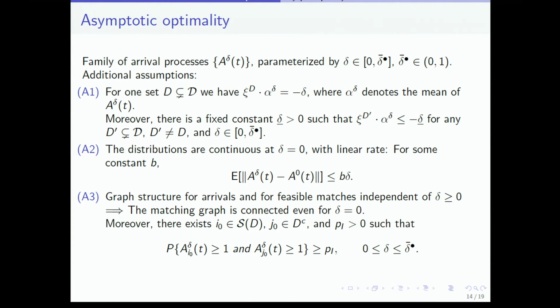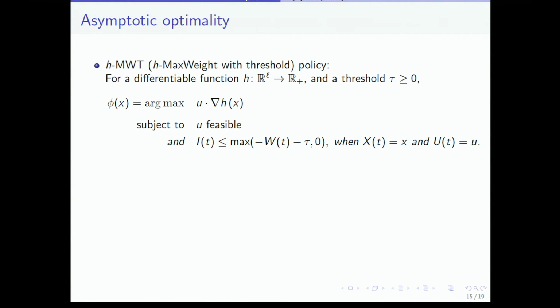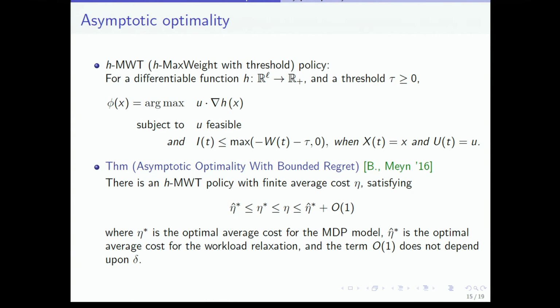There needs to be one edge between S of D and D complement.